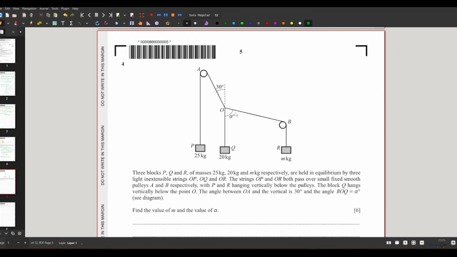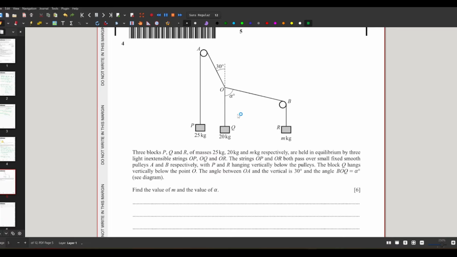So M and alpha. The first thing is you have to indicate all the forces and their components, right? That is the most important part. Okay, so now let's consider what the forces are here.